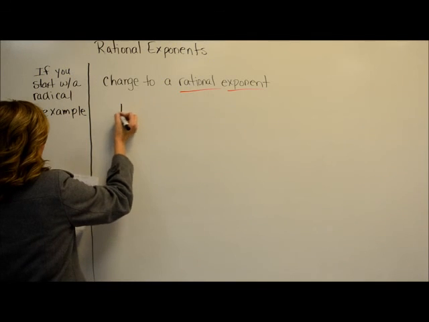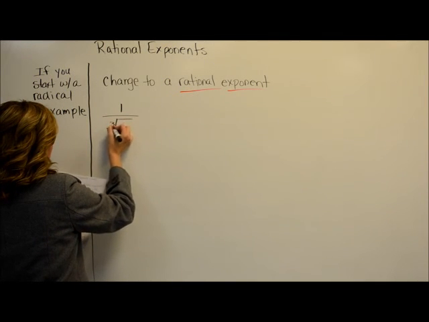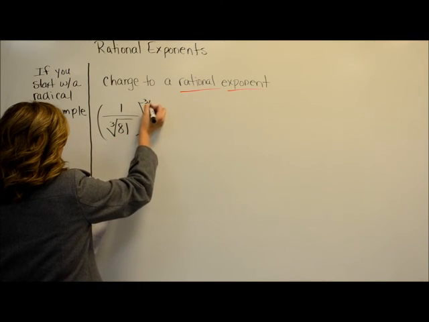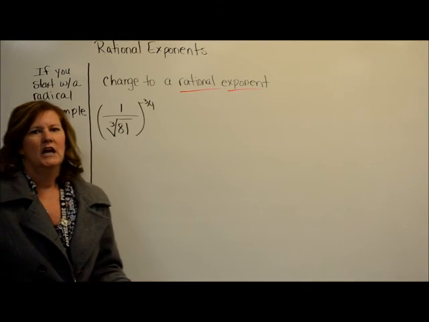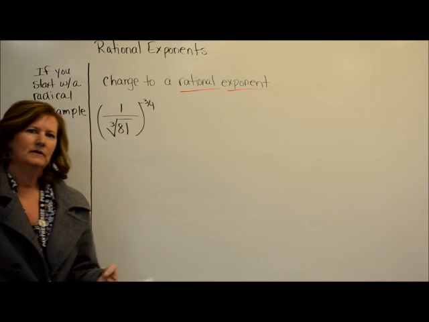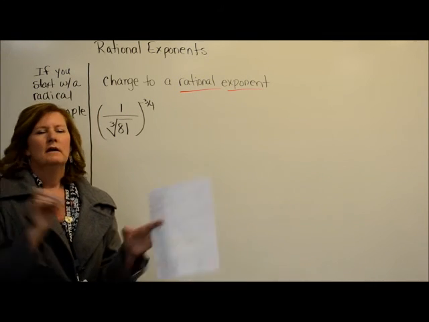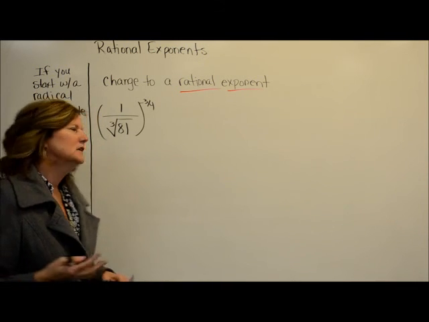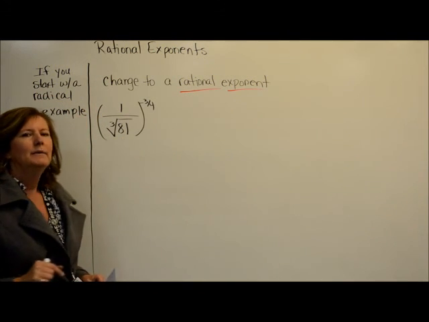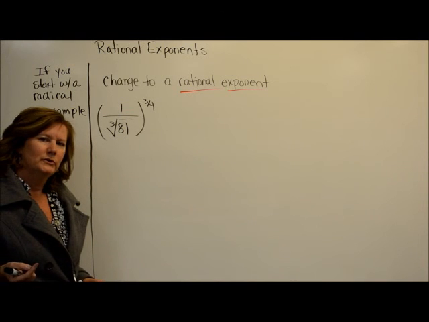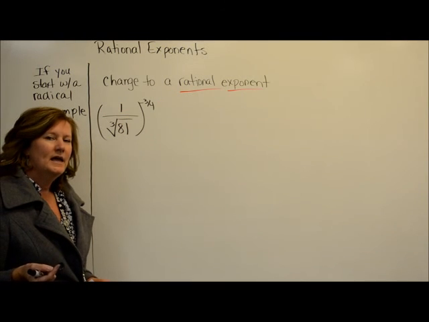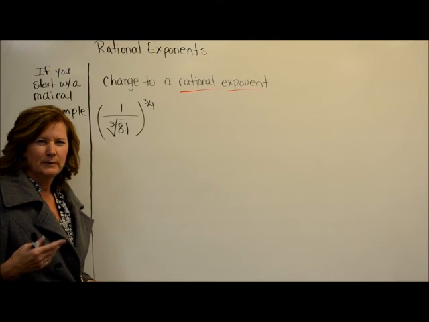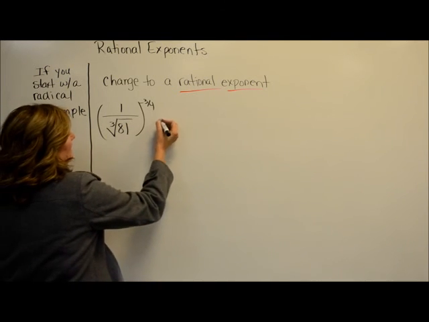I have 1 over cube root 81 all to the negative 3/4. Well, I have this combination of rational exponents and radicals. I don't want a combination of the two. I really need them to all be rational. So I'm going to change it over to a rational exponent.